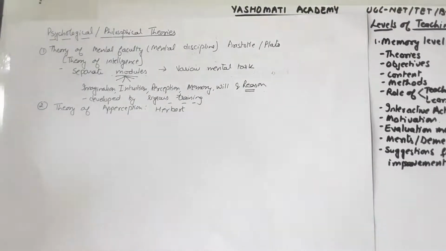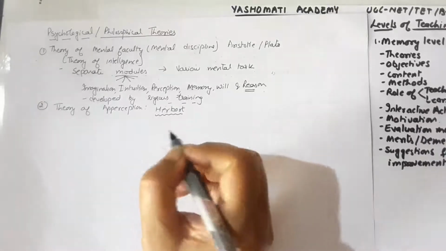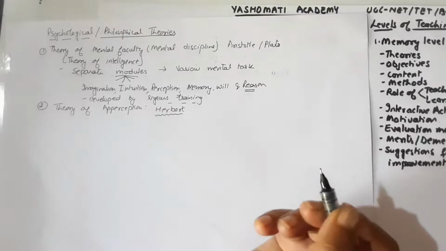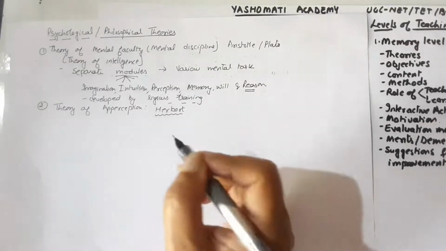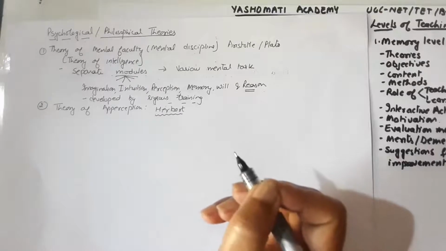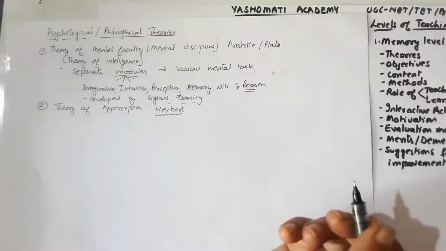John Frederick Herbart proposed this theory, and we must remember that Herbart is the main proponent of memory level of teaching. He has contributed so much to this level of teaching that it is also called Herbart's memory level of teaching.